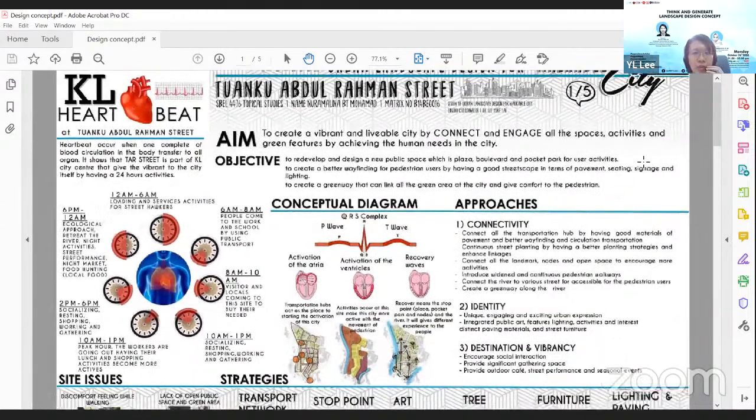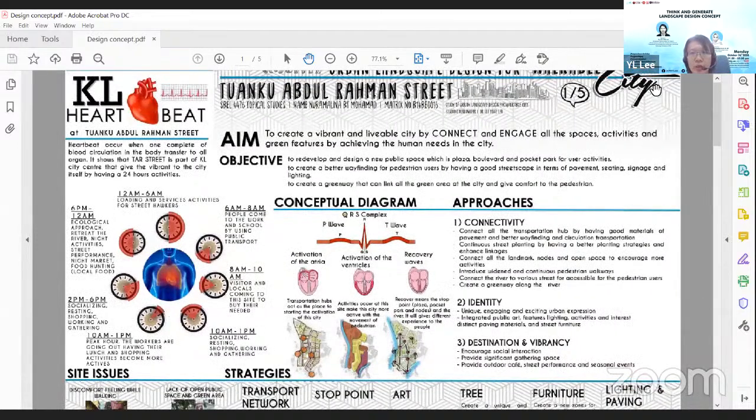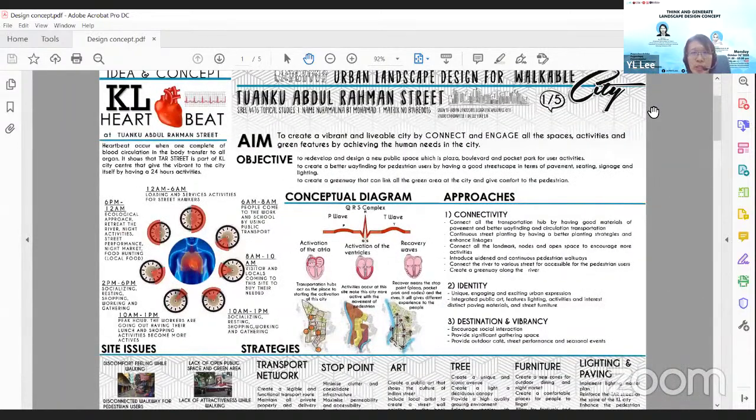I think this is one of the very clear students who did a study. It's an urban site in Kuala Lumpur, a design for a walkable city at Jalan Tunku Abdul Rahman Street.